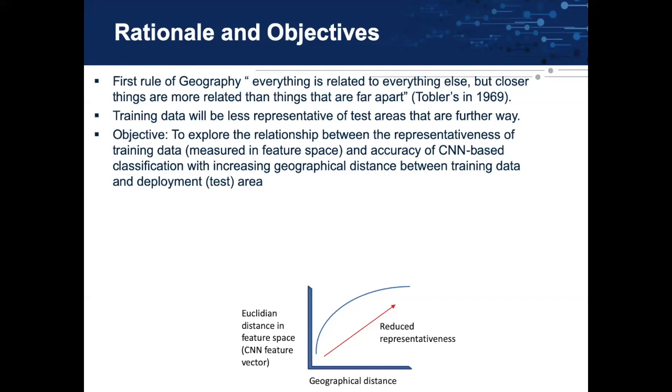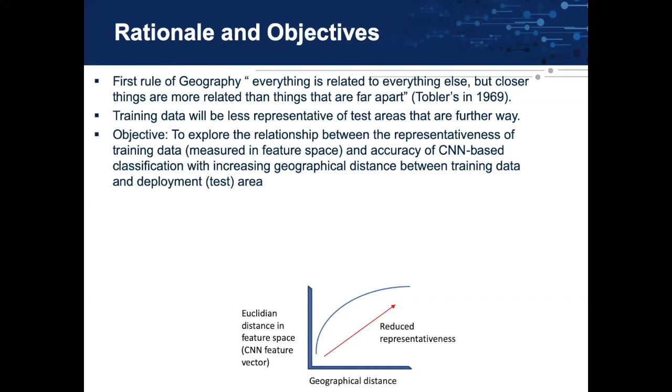And the objective here, and then I'm going to rush and wrap up, is to explore the relationship between the representativeness of training data measured in feature space and the accuracy of convolutional neural network-based classifications with increasing geographic distance between training data and deployment area.